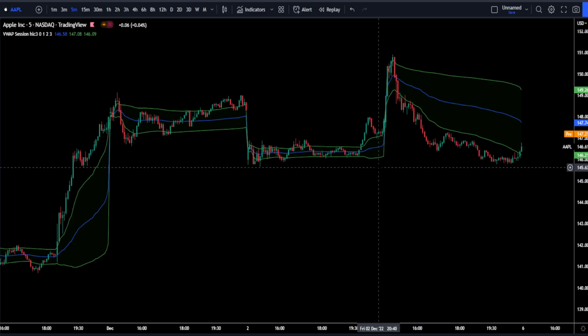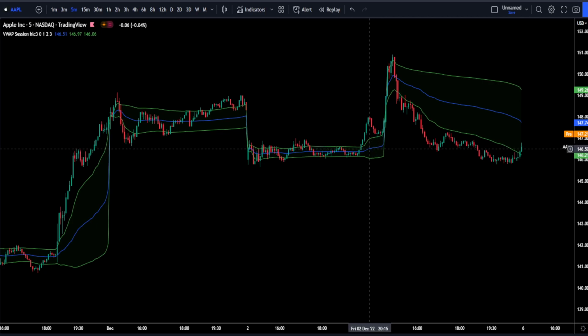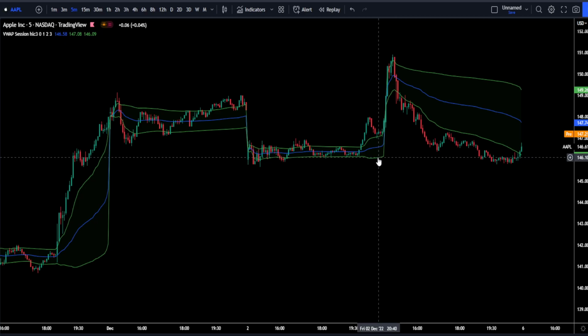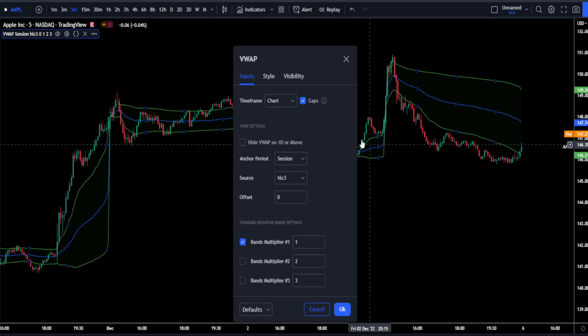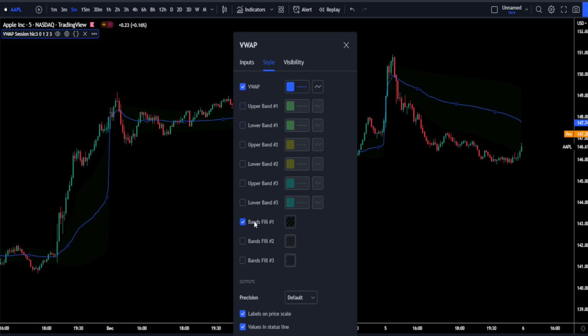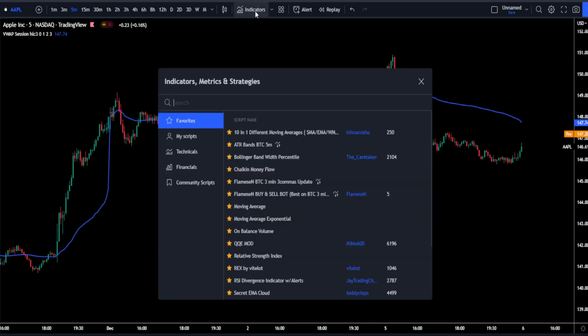The indicator consists of a baseline, which is this blue line, and then we've also got our upper and lower bands. These bands can be quite useful, but for this strategy I'm about to show you, we're only going to need our VWAP. So in the style section, we're going to be removing our upper band, our lower band, and also our bands fill.